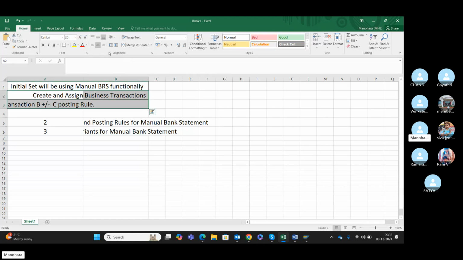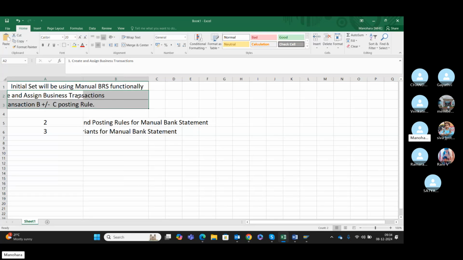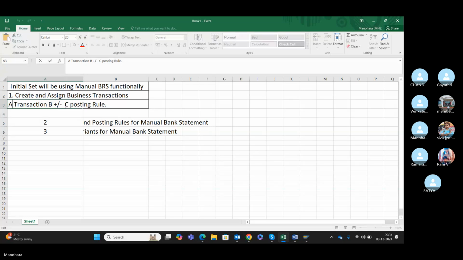Okay, I will make it this way. Transaction A, transaction B and transaction C: one the minus and plus symbol, and a third one.